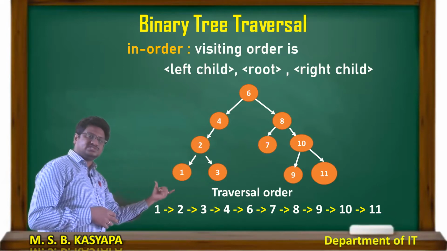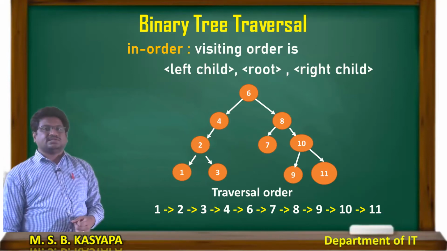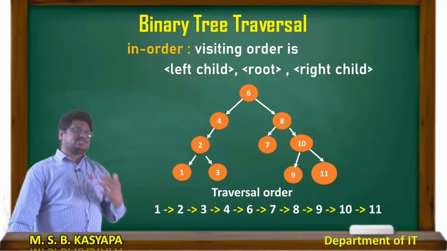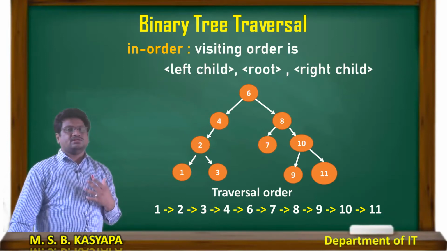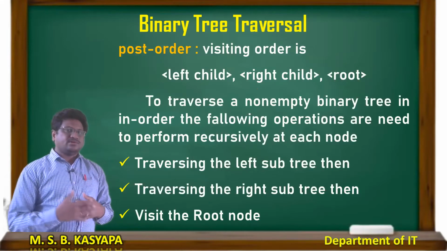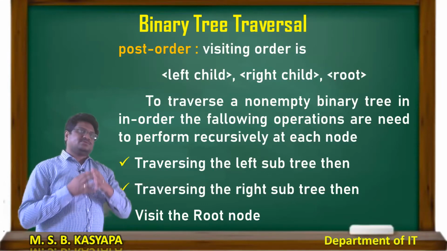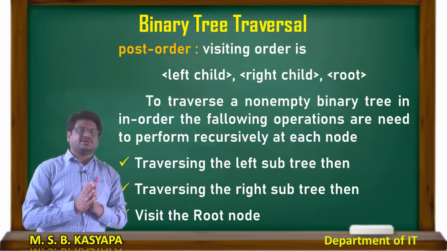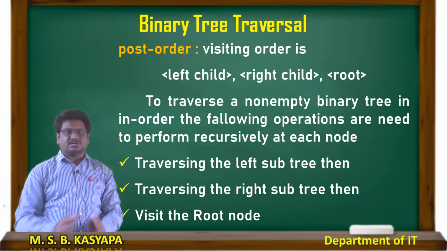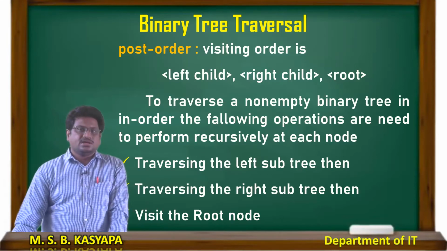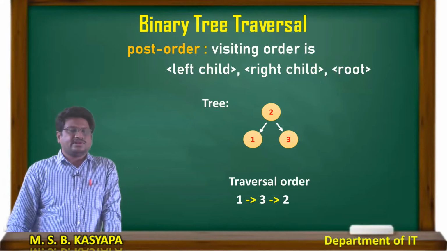First the left, then the root, then the right child. And if it is post-order, first I visit the complete left subtree, then the complete right subtree, then the root.